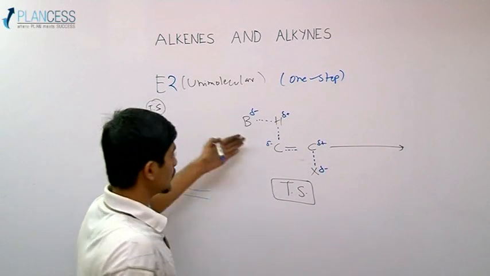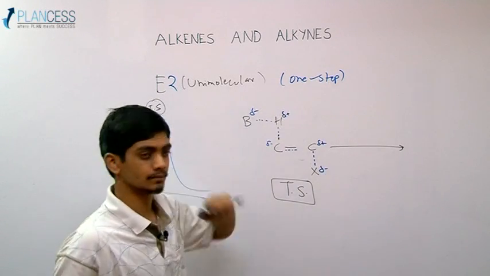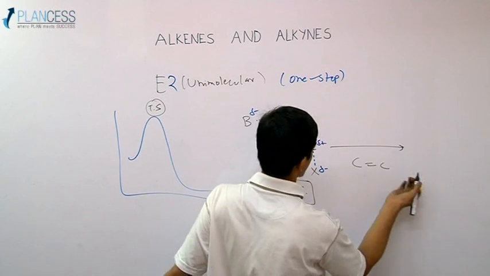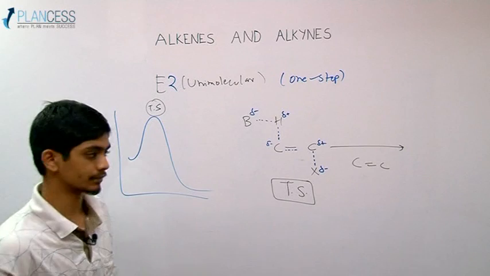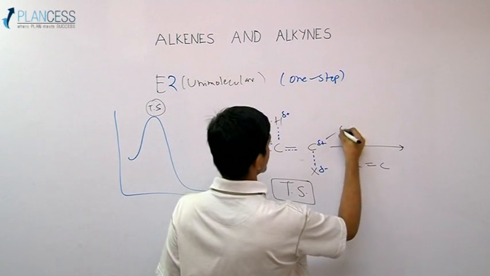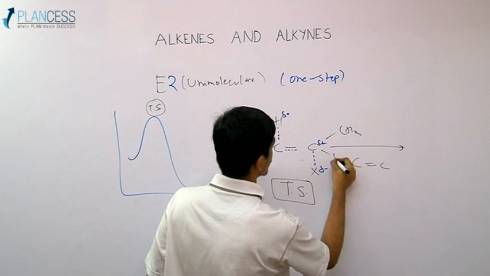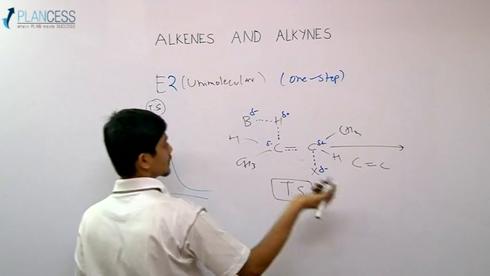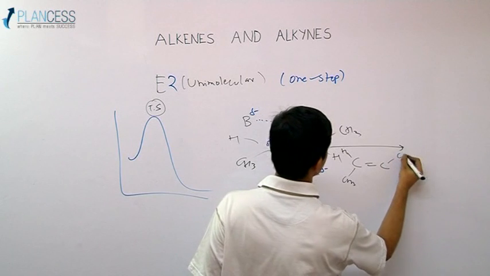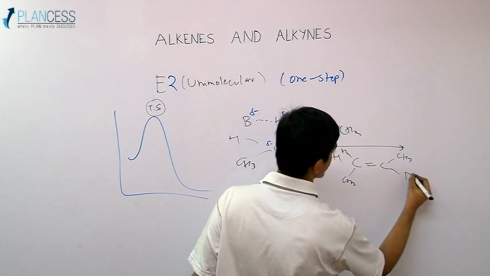Now, what is the product here? The product is simply C double bond C and whatever groups are attached to it. Suppose we have a CH3 group, another CH3 group, and hydrogen and hydrogen. We will get CH3, hydrogen, CH3 and hydrogen.